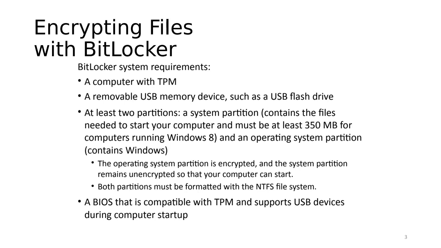BitLocker requirements, as I mentioned, TPM. You will need also a removable USB memory, such as a USB flash drive, to store your password. You will need at least two partitions. A system partition, this contains the files needed to start your computer. If you are having Windows 8, it should be at least 350 megabytes. And an operating system partition, this contains Windows.